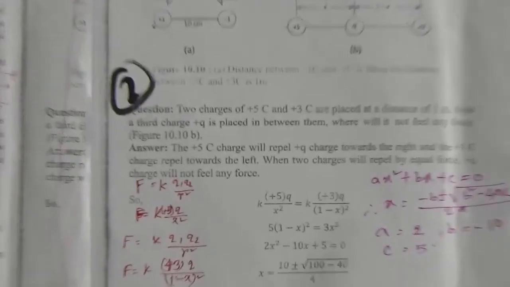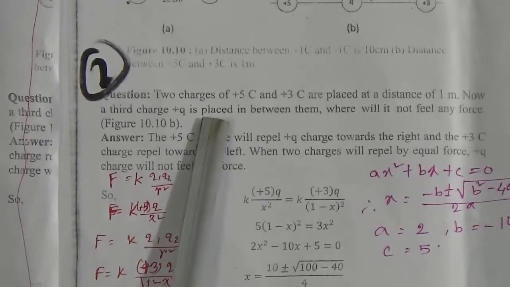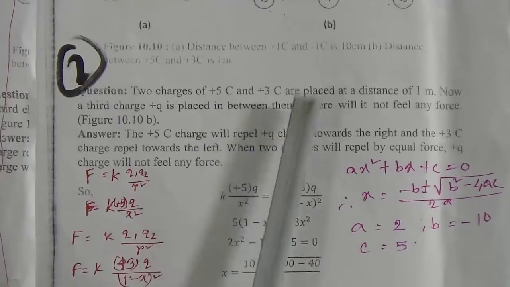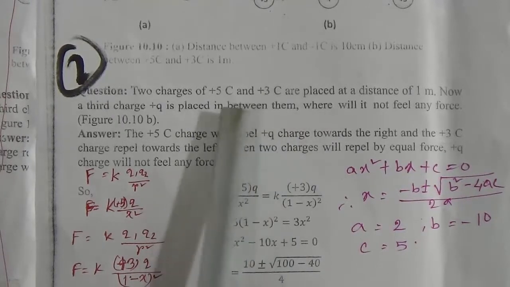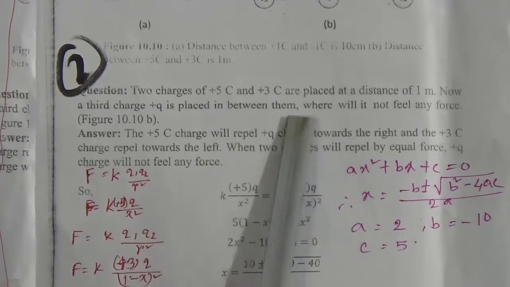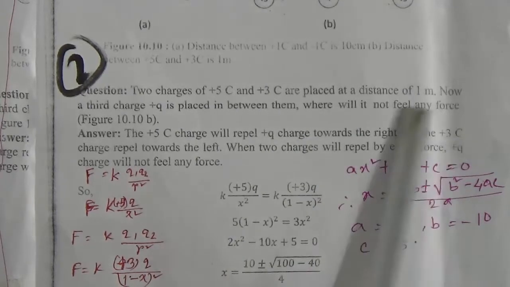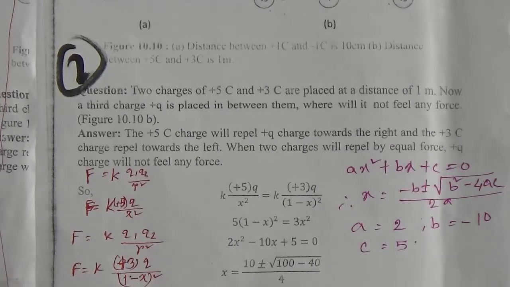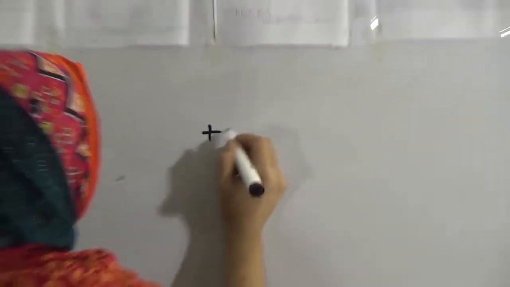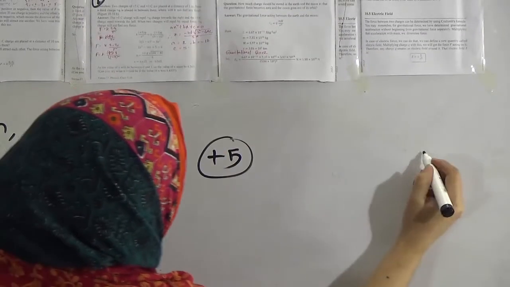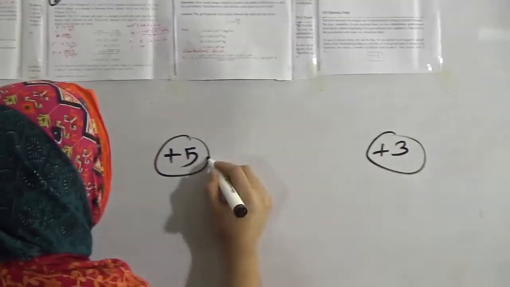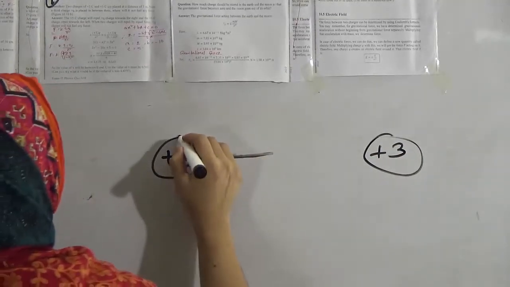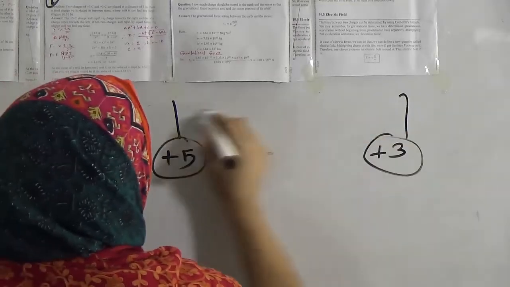Okay, here given, see the question. Two charges of plus 5 Coulomb and plus 3 Coulombs are placed at a distance of 1 meter. My dear students, first of all we have to draw the figure. We draw plus 5 and plus 3, and the distance between these two charges is 1 meter.